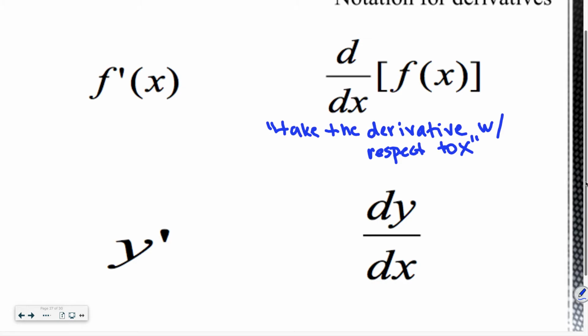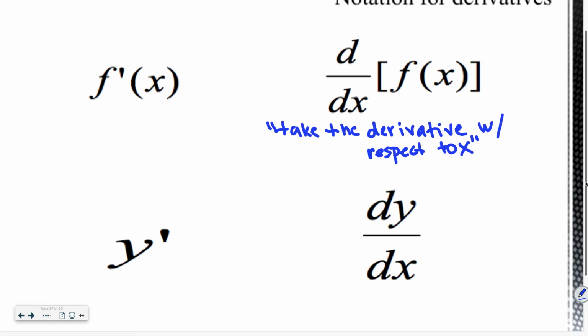So this is the calculus way of writing slope when we're talking about derivatives. This one I would not worry too much about until next week. But these other three, you're going to see me write interchangeably: dy dx, y prime, f prime of x.